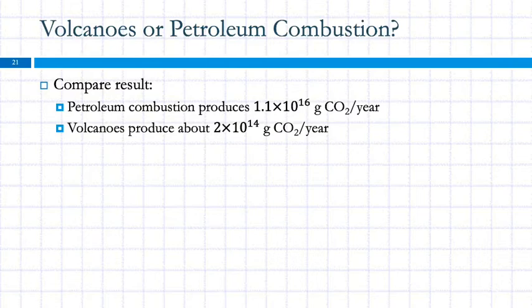Are they different? It's a little hard to tell because they're just such unreasonably huge numbers. What if we find out, I mean, this number's bigger. How many times bigger? 1.1 times 10 to the 16 grams divided by 2 times 10 to the 14 grams.